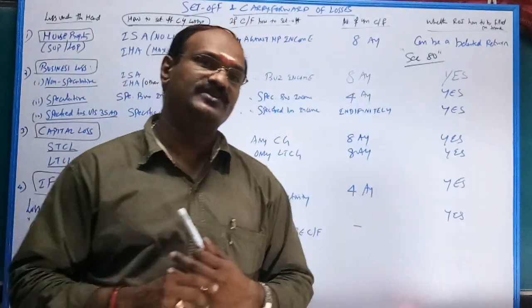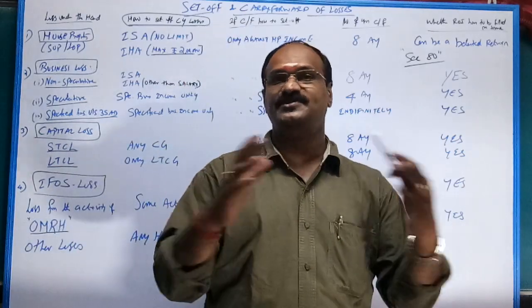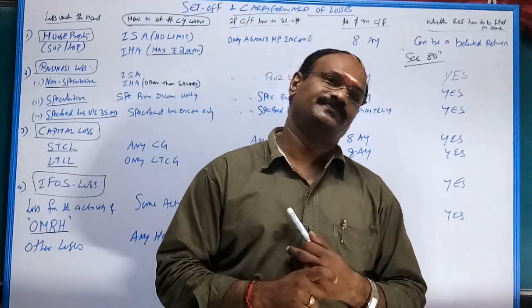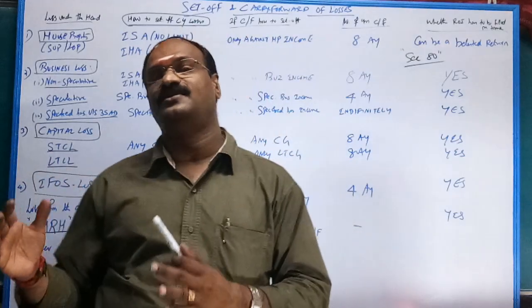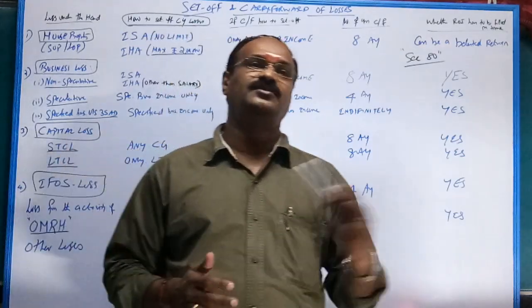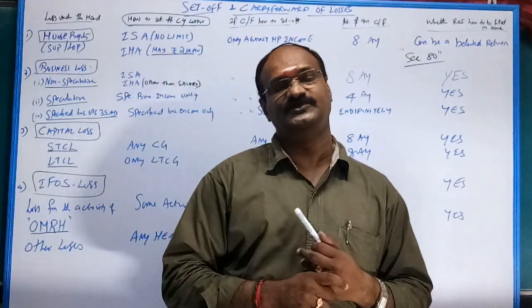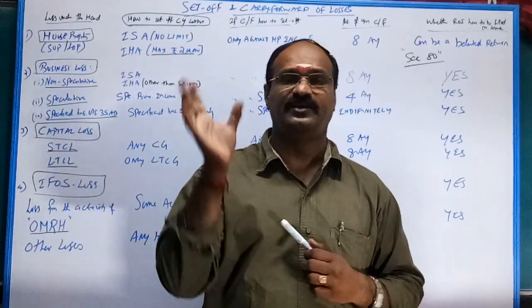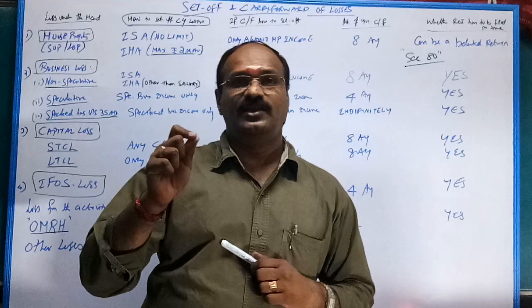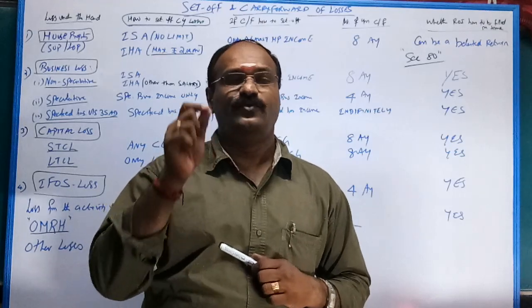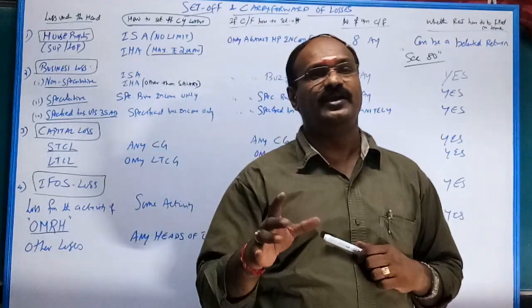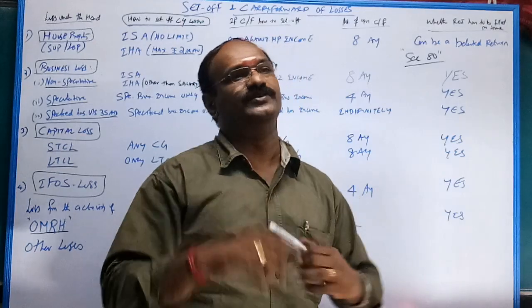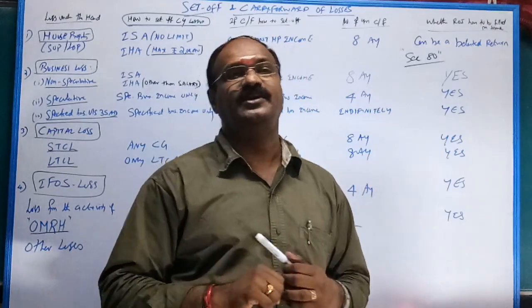You know what the due date is? As far as individuals are concerned, 31st July. As far as companies and individuals with tax audit are concerned, 30th September. Suppose you fail to file your return before the due date, your losses cannot be carried forward.